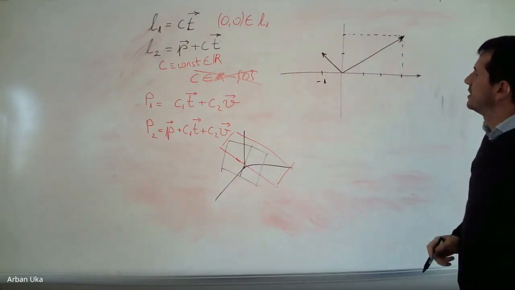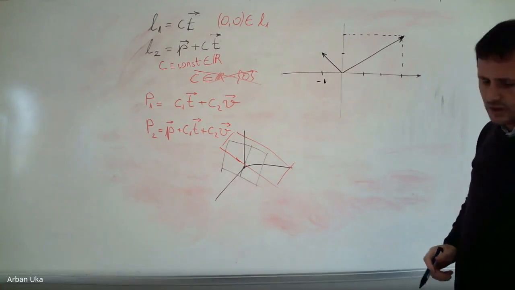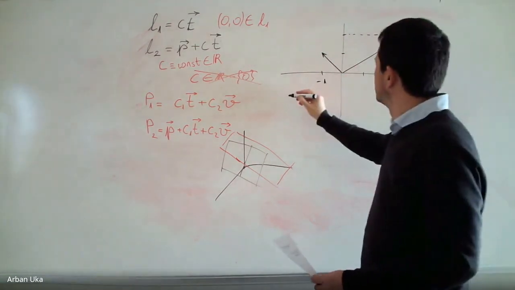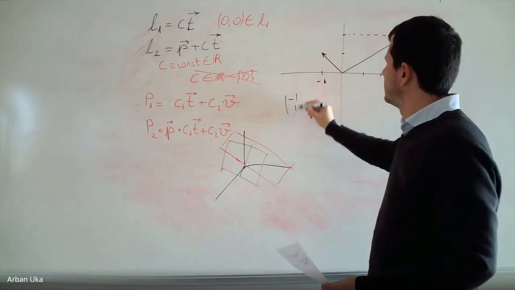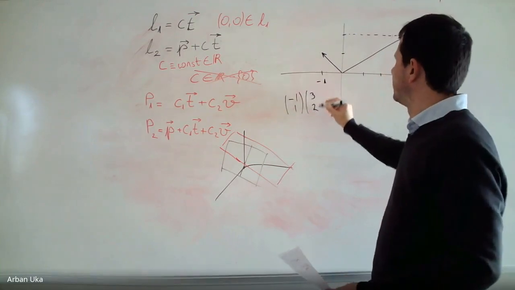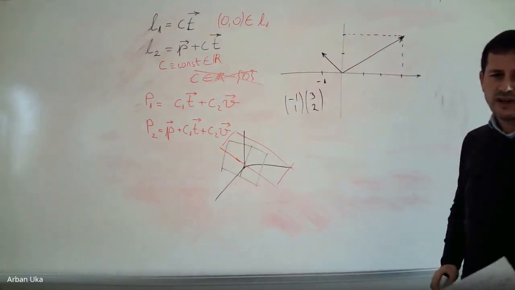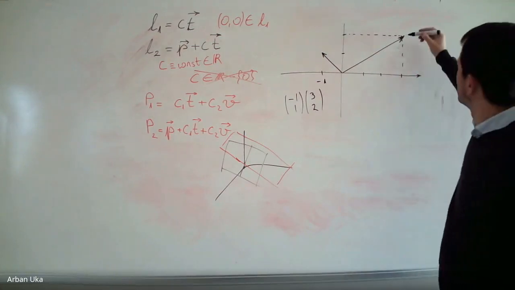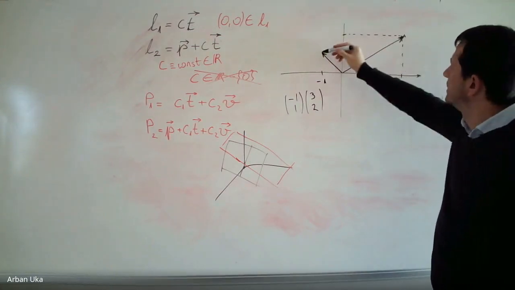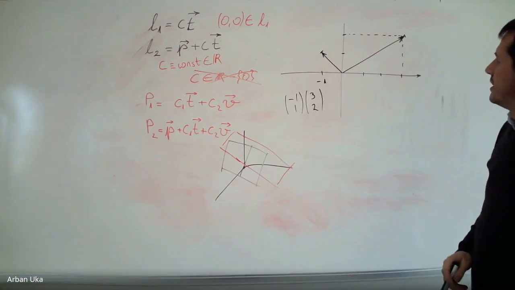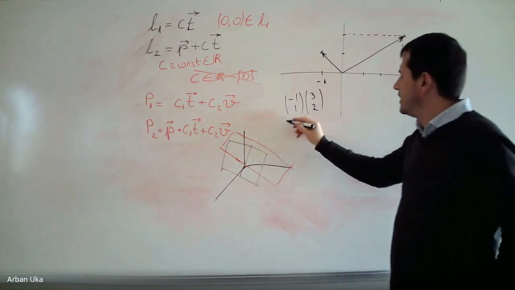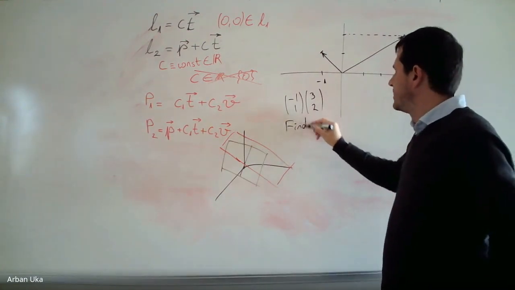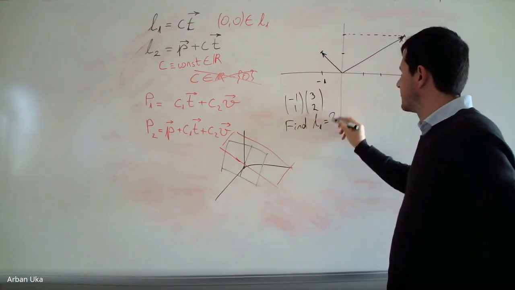The question is: find a line which passes through these two points, here and here. So find L1.